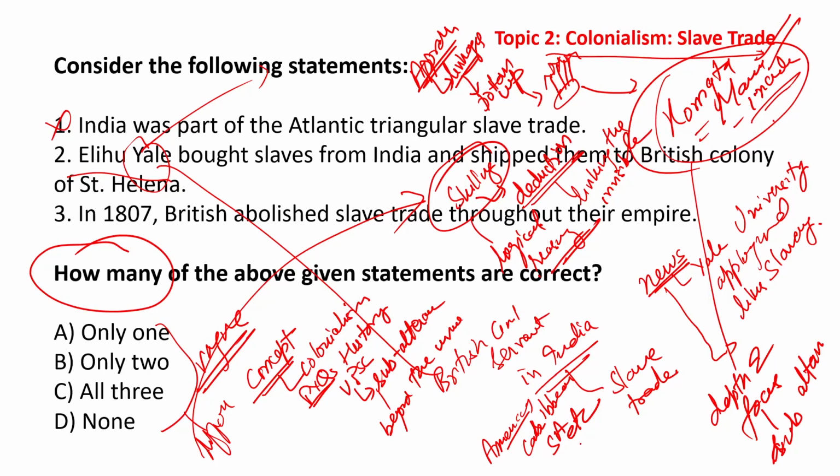Elihu Yale brought slaves from India and shipped them to the British colony of St. Helena. That is correct. That is precisely the reason. And he earned a big fortune out of this slave trade, which as per modern standards was a reprehensible practice. And hence this apology has been issued.